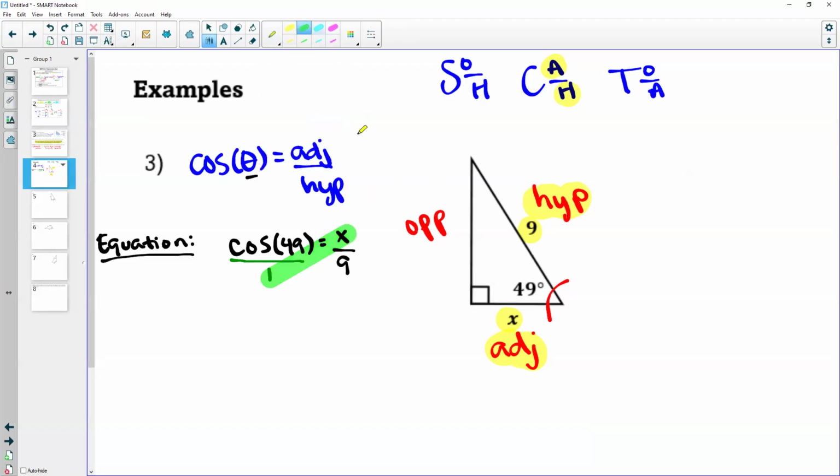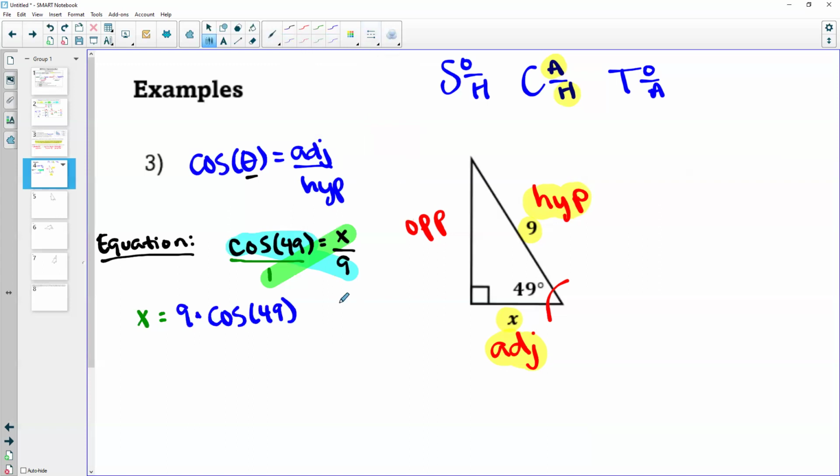We're doing 1 times x is equal to 9 times cosine of 49. So 1 times x is x, is equal to 9 multiplied by cosine of 49. And so really that's our value for x.